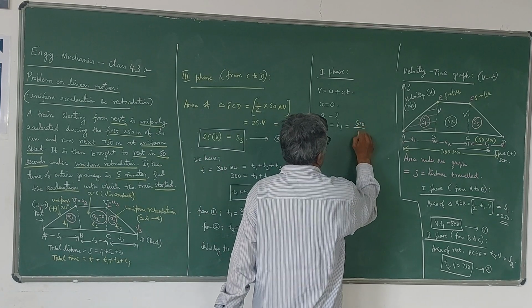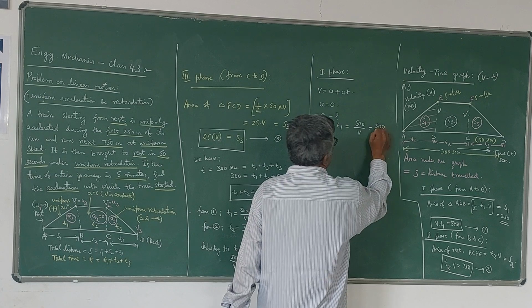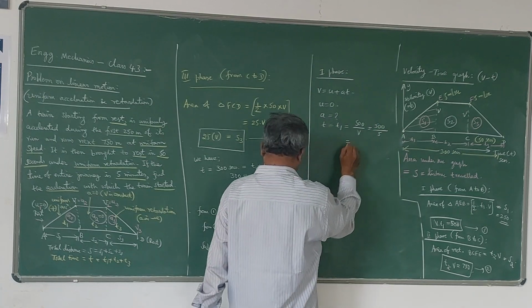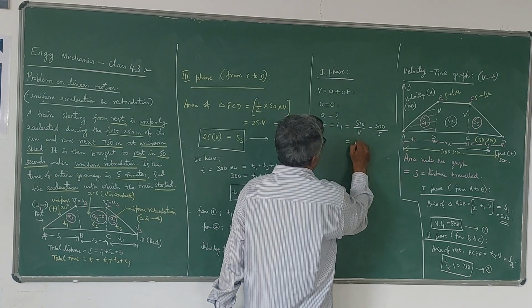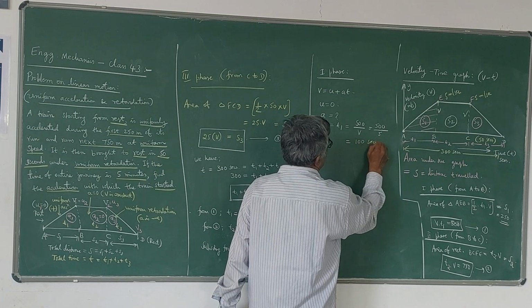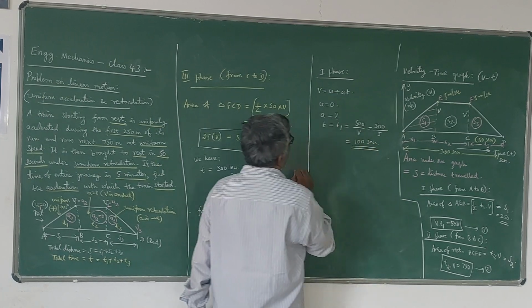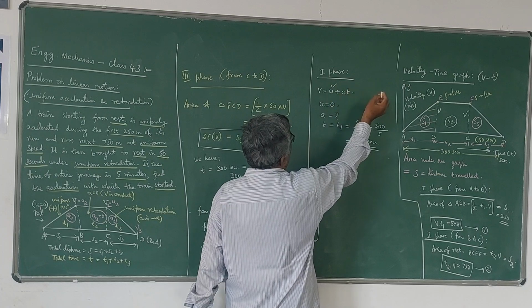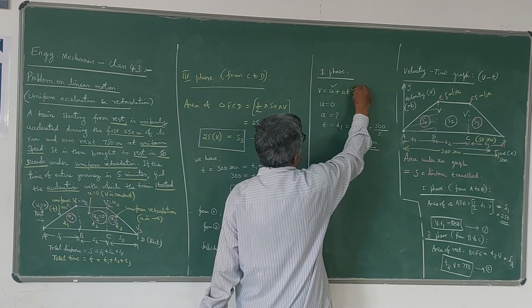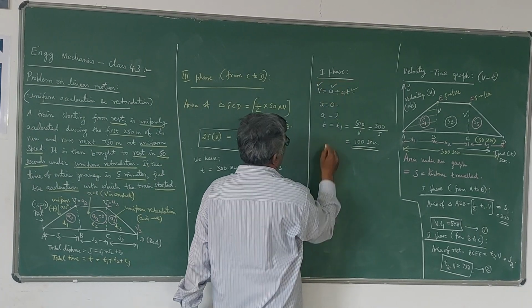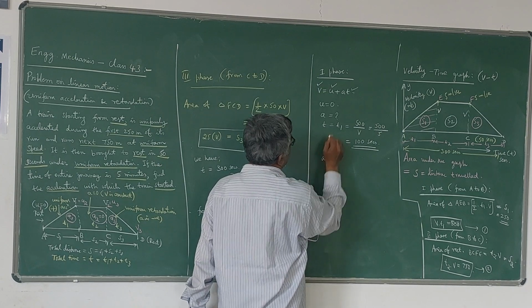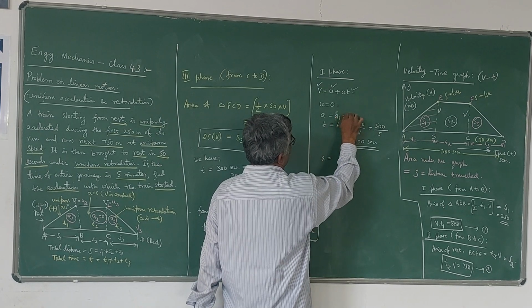So we got the value of v as 5. Therefore, you will get this as 100 seconds. 100 seconds is the value of t. Now you know the value of u, you know the value of t, you know the value of v. You can find out a, as the acceleration a is nothing but a1 for the first phase.